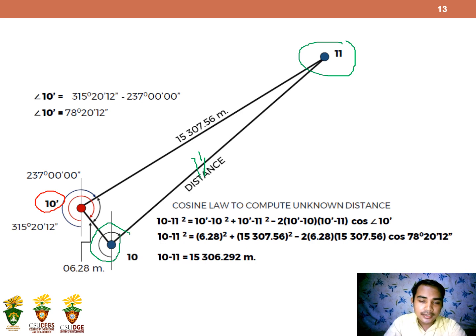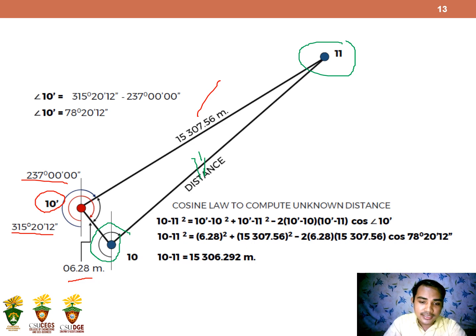So from the given data, we have two given distances: from 10 prime to station 11 is 15,307.56 meters, and from 10 prime to station 10 is 6.28 meters. We also have azimuths given: station 10 prime to station 10 is 315 degrees, 20 minutes, and 12 seconds, and station 10 prime to station 11 is 237 degrees.